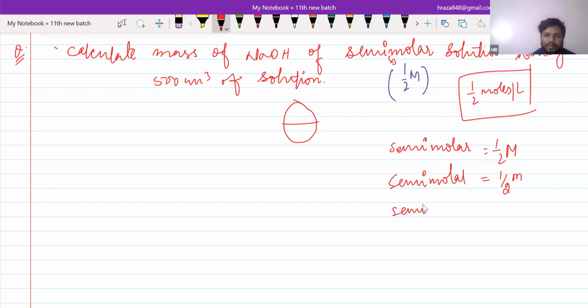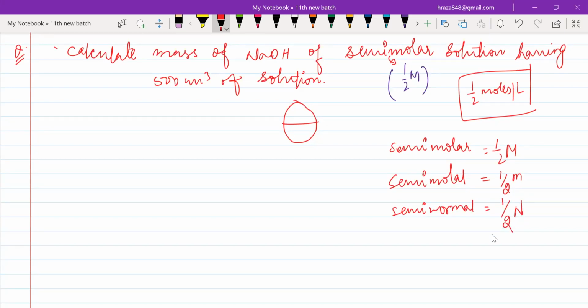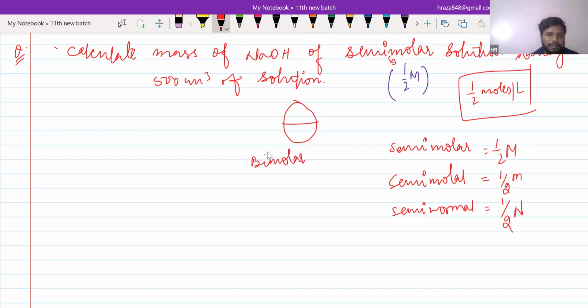If semi-normal, that means half normality, gram equivalent per liter. If it is given bimolar, bi means 2, that means 2 molarity. Bimolal means 2 moles per kg. Binormal means 2 normality. Got it?